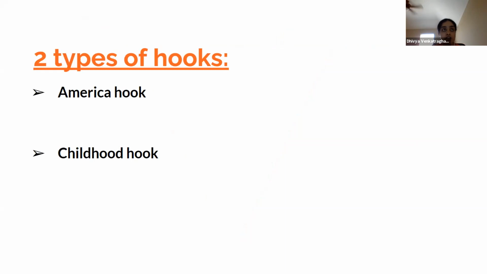Some starters would be, throughout the course of its history, America, blah, blah, blah, and then continue the rest of your hook. Or historically in America, or in the current state of America, blah, blah, blah.